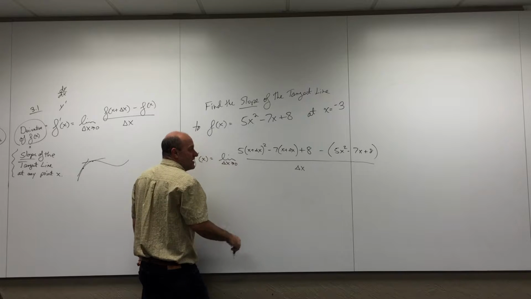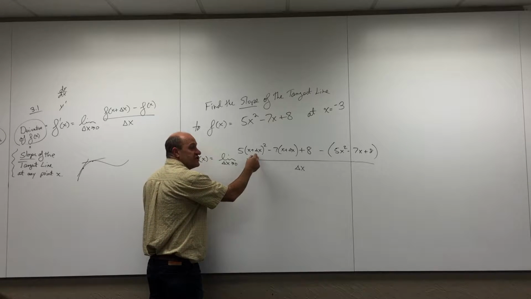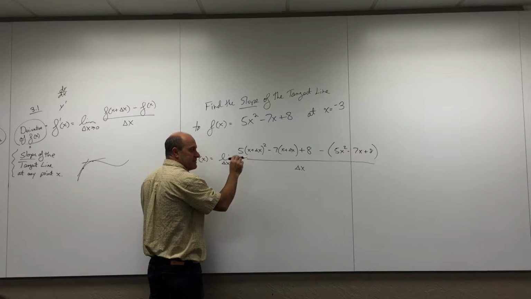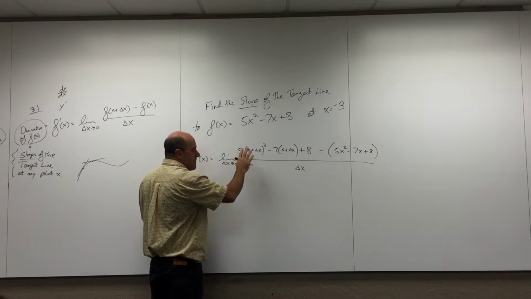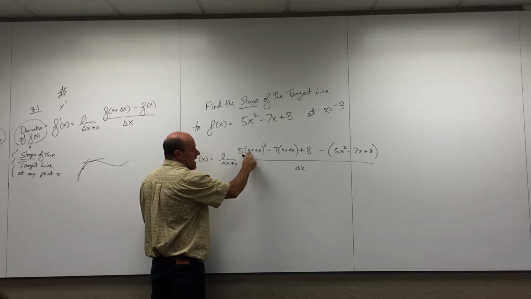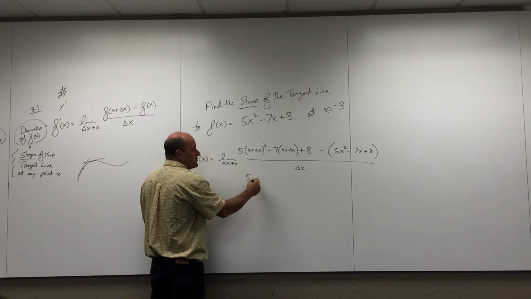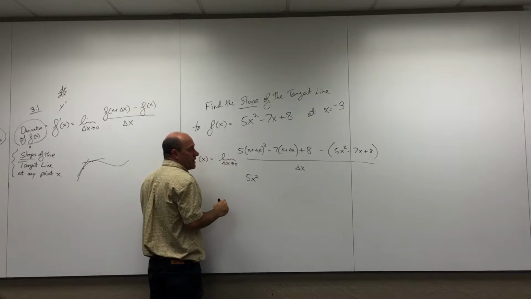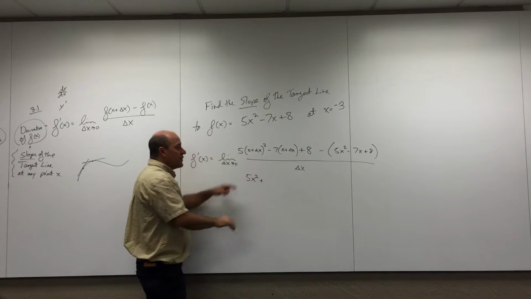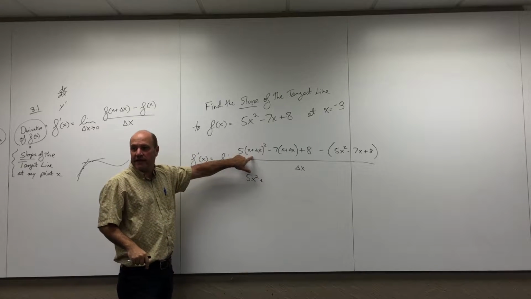All right. So I'm foiling out first, then distributing the 5. Don't do that backwards. And if you don't mind, I'm going to do it all in my head. If I foil this out, I get an x squared, but when I distribute the 5, it'll be a 5x squared. I'll get a middle term that's 2x delta x.